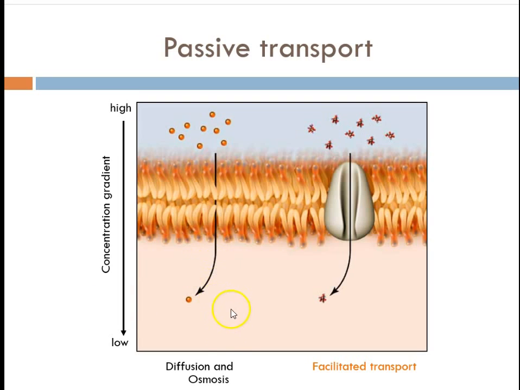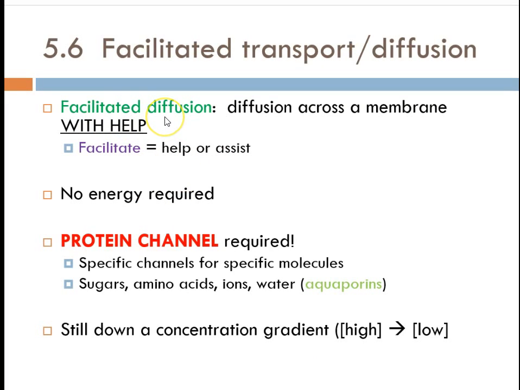So we've discussed osmosis, and we've discussed diffusion. Another type of movement from high to low is called facilitated transport. Facilitated transport just means that something was really big or it had a charge. Remember how non-charged items or really small things can move across? Well, let's say this is really big or has a charge. The only way it could come through is if it had a protein. And that's what you're seeing here. So this is facilitated diffusion. It's still going to go from high to low until it gets to equilibrium. No energy was required, but we definitely need a protein channel, and we definitely need that lipid bilayer.